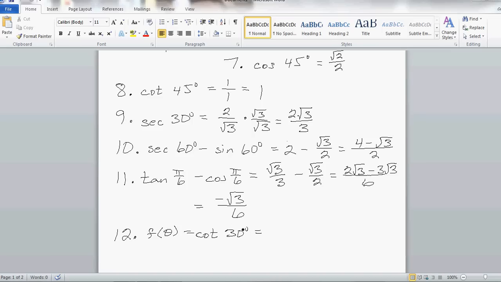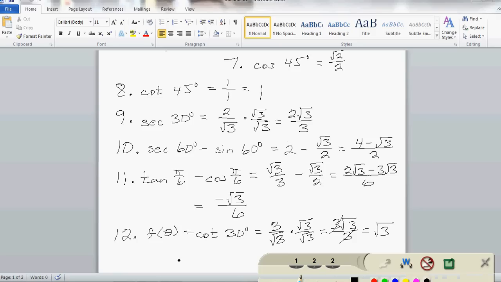The tangent of 30 degrees is root 3 over 3, so the reciprocal would be 3 over square root of 3. Rationalizing the denominator, we get 3 root 3 over 3, and those 3's will simplify to the simple square root of 3.